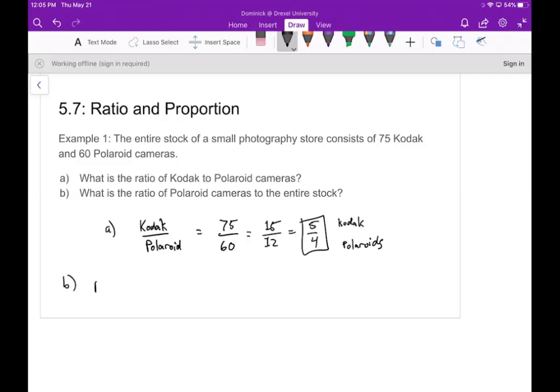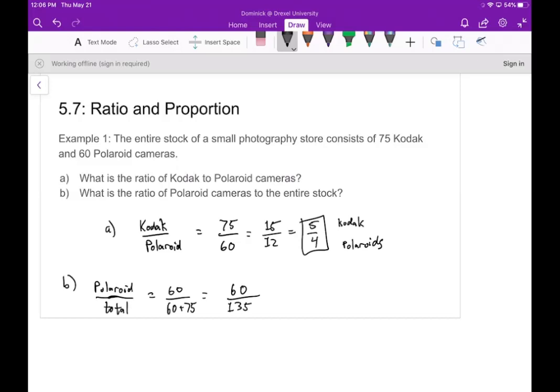Now in part B, they want Polaroid to the total stock, or the entire stock. Polaroid is given, that's 60 again. But the total is adding these two together, 60 and 75. So it's 60 over 135.